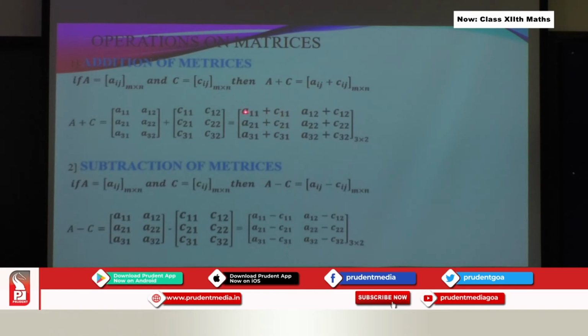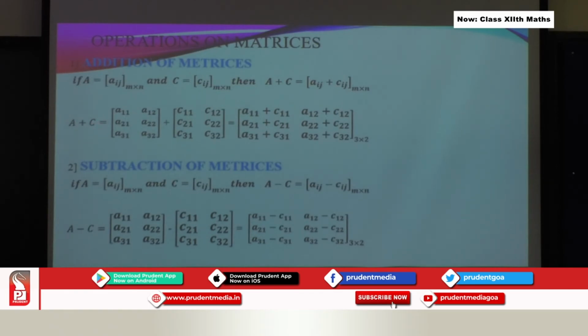So this is my one entry at the A11 position. Let's proceed further for the second. This position is A12, and what answer are we getting? A12 plus C12. In a similar way, we add all the corresponding entries to get our final output of A plus C.